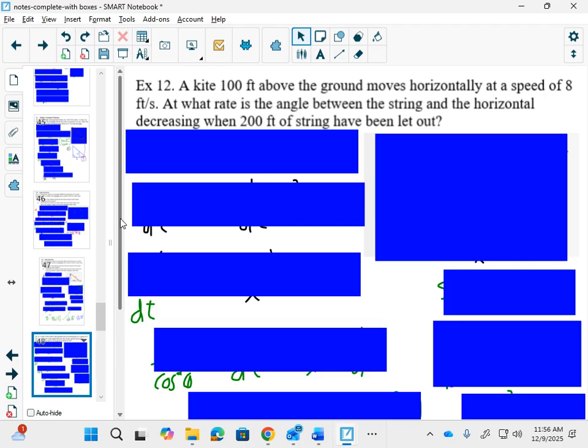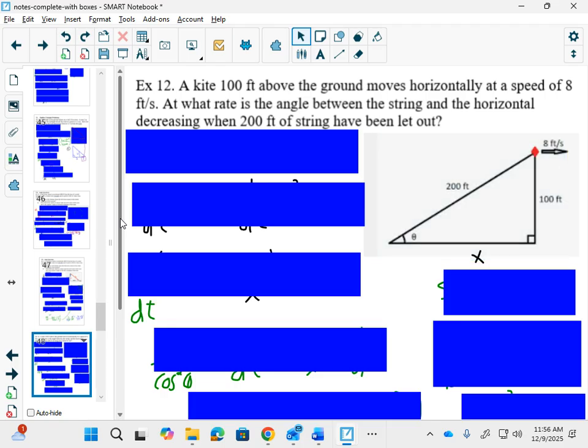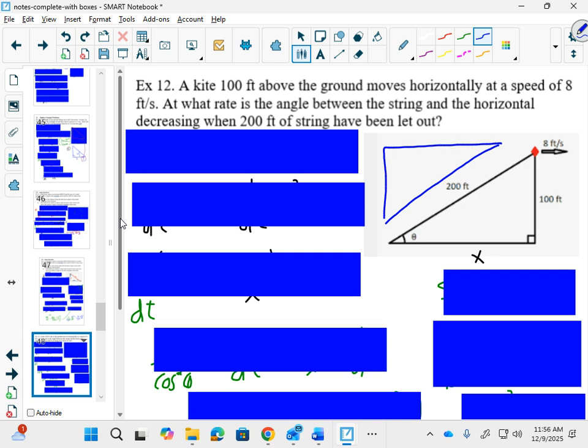If you've got your diagram, see if yours is closer. Did anybody draw the exact same thing this way? And have your theta there. Okay, it's actually the same triangle. Okay. So that would also be correct.